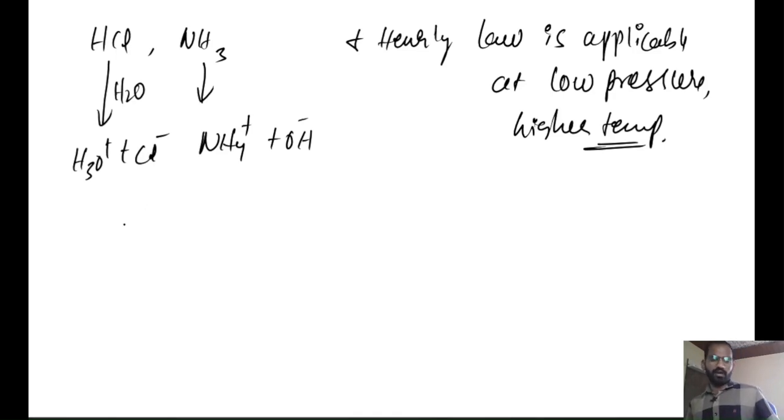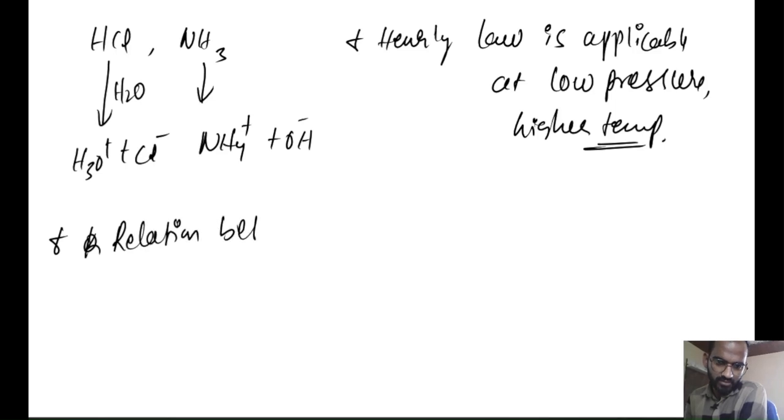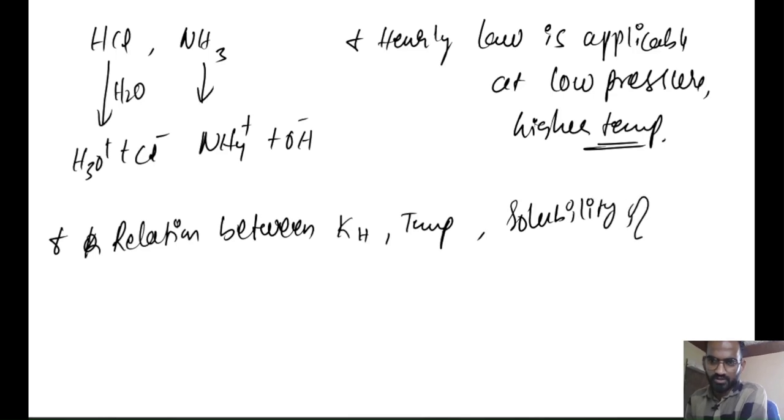Some more points regarding Henry's law: the relation between Kh, temperature, and solubility of gas. If temperature increases, what will happen?